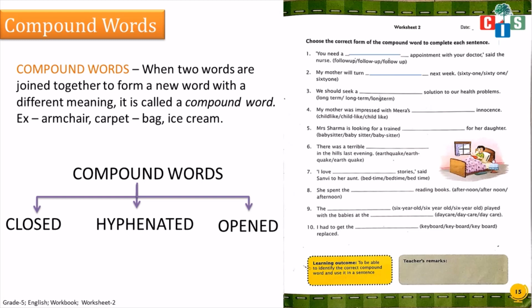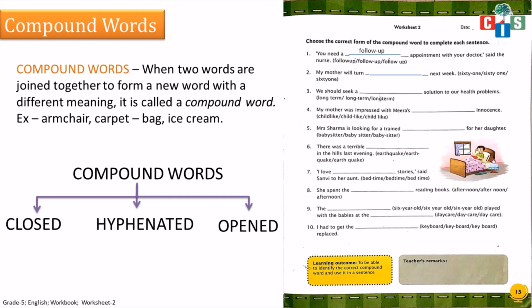Related to these compound words, we have one exercise in worksheet 2. As you can see, worksheet 2 is given in your workbook on page number 15. Here the first question is, you need a dash appointment with your doctor, said the nurse, and options will be there.